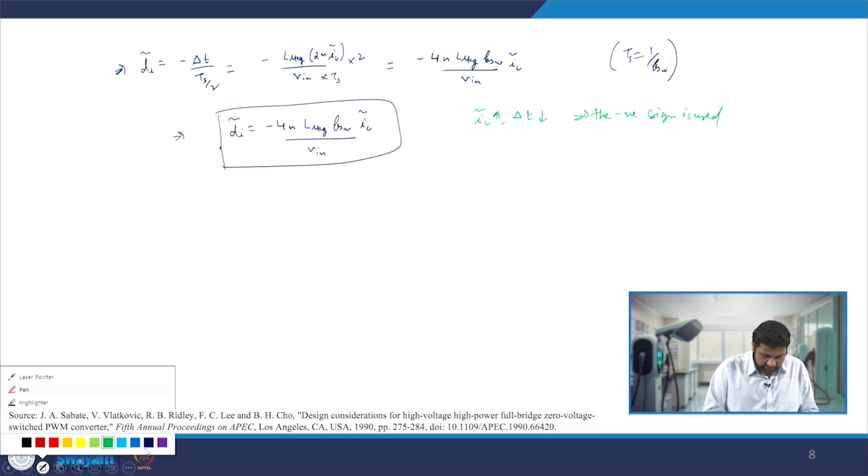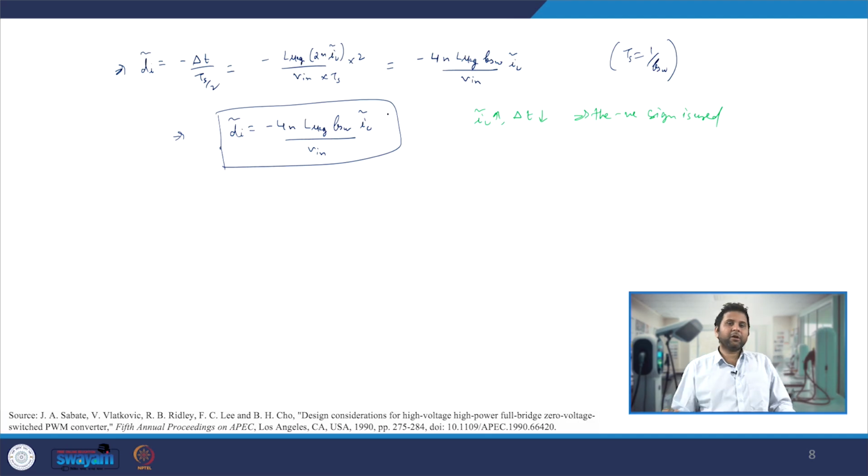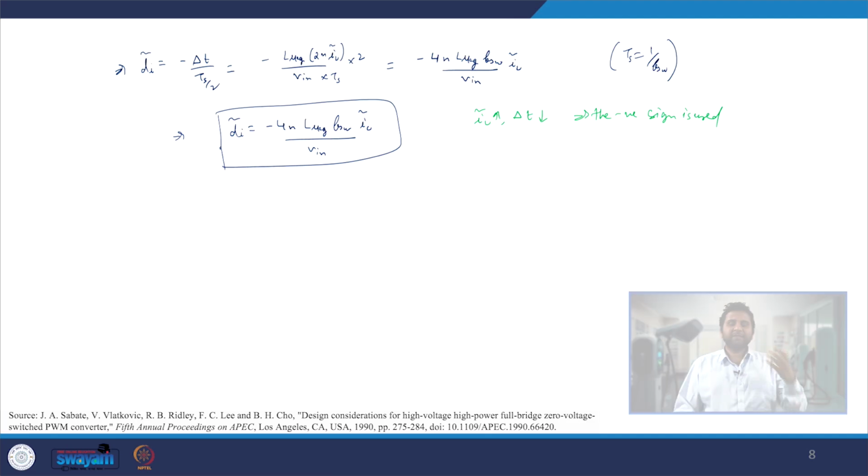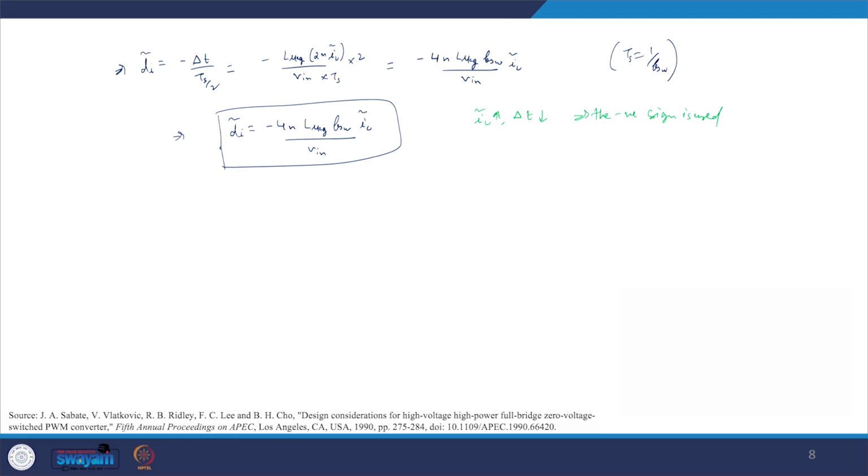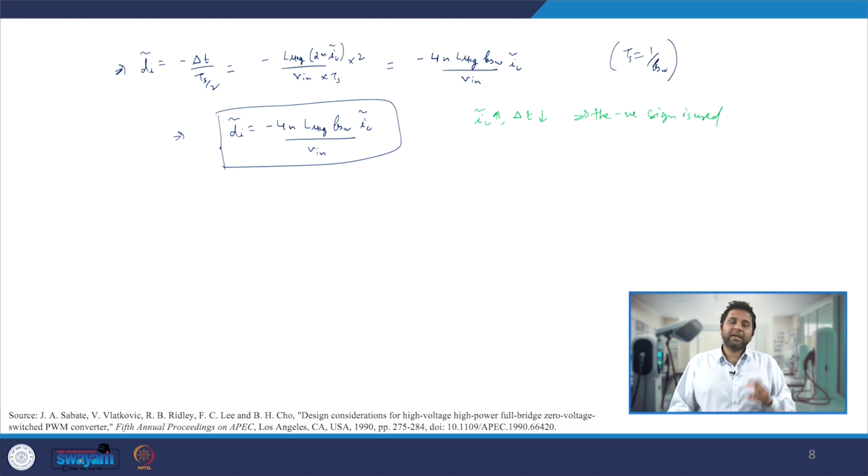And now if you look very carefully, finally whenever there is a change in the IL, the impact because of the change in the IL is captured, and this D will be added with the effect captured due to the actual change in the duty ratio, in the actual change in the D effective.